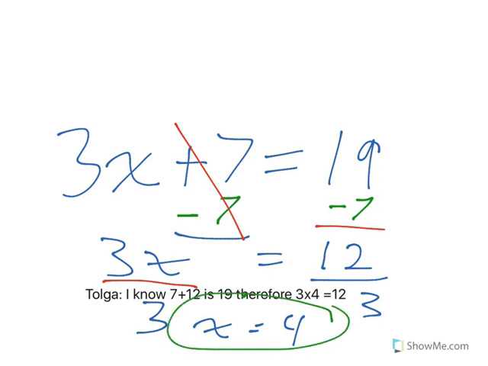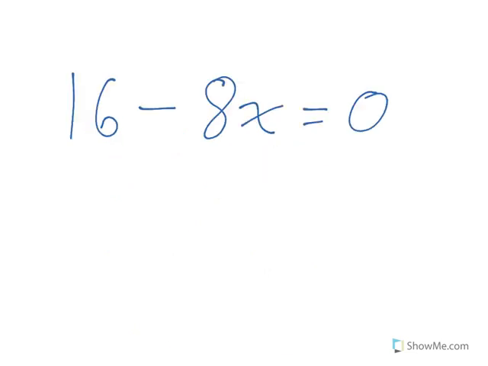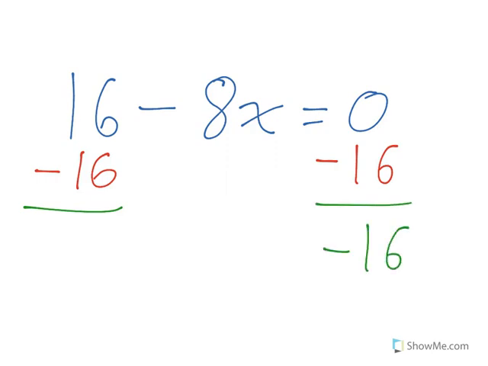Oh, I know you got it. What is the very first thing we do here? He nailed it. You take the 16, you move it to the other side, and you get minus 16.